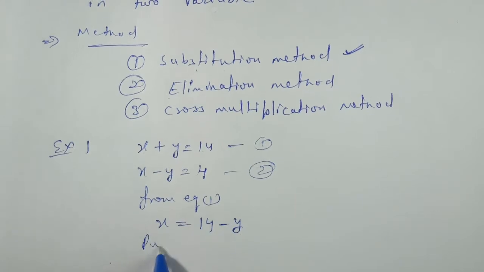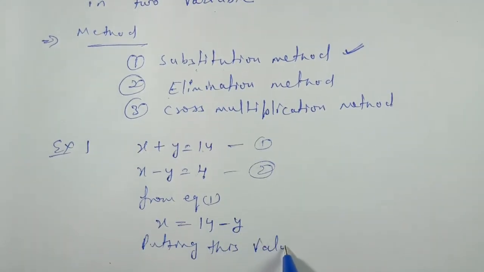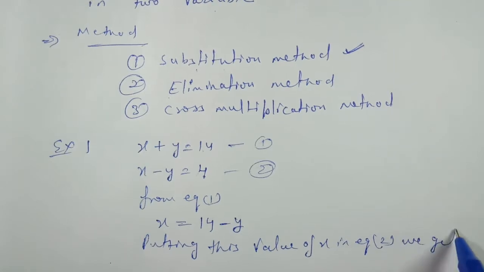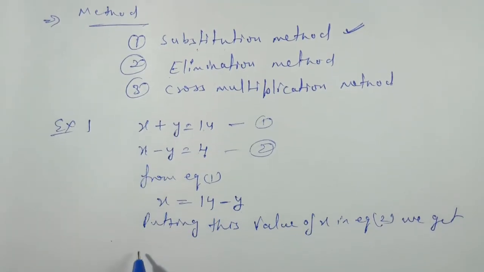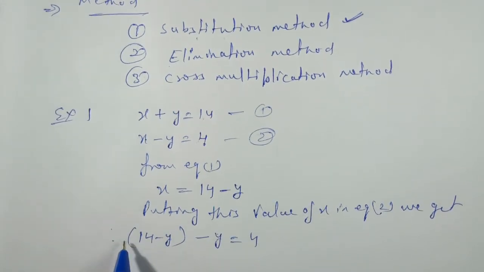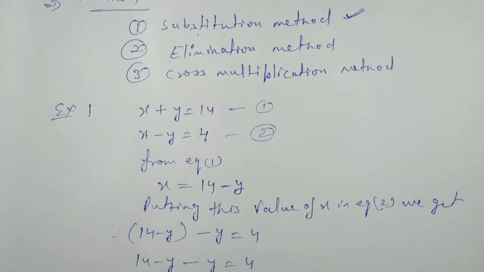So putting this value of x in equation number 2, in place of x we write 14 minus y. Keep it in the bracket. Since there is a positive sign, when we open the bracket it will be the same, minus y equal to 4.